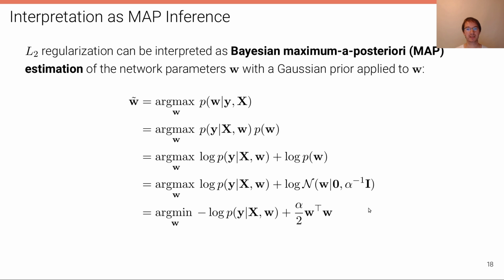Right. So we see that L2 regularization can be interpreted as Bayesian maximum a posteriori estimation of the network parameters with a Gaussian prior applied to W. And similarly, L1 regularization, as you can imagine, can be interpreted as MAP inference of W with a Laplace prior.